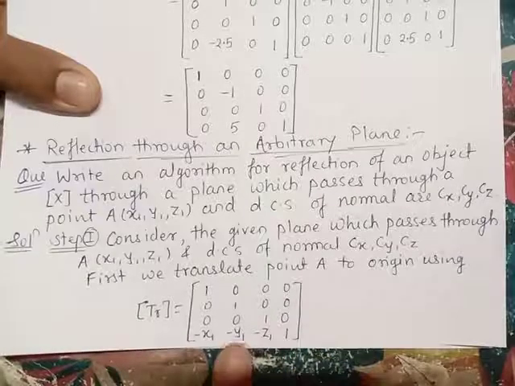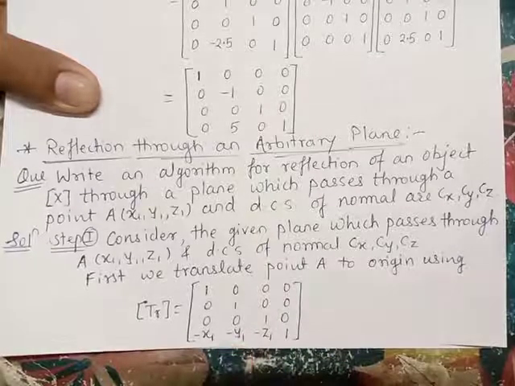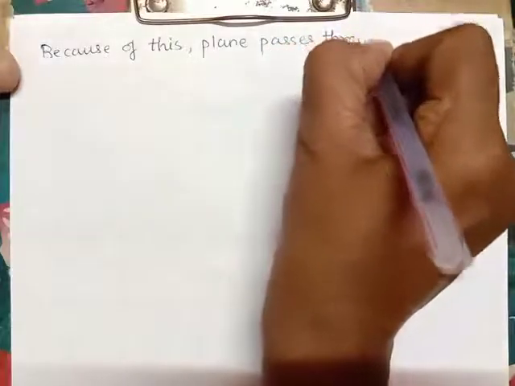This is our matrix of translation here. Because of this translation, the plane passes through origin now.